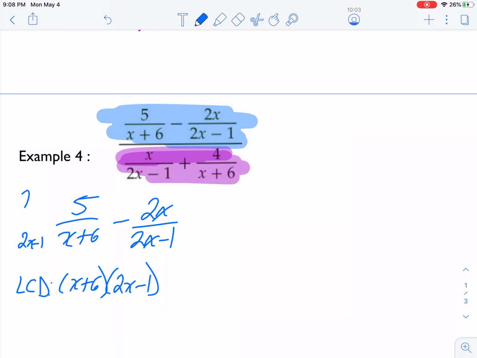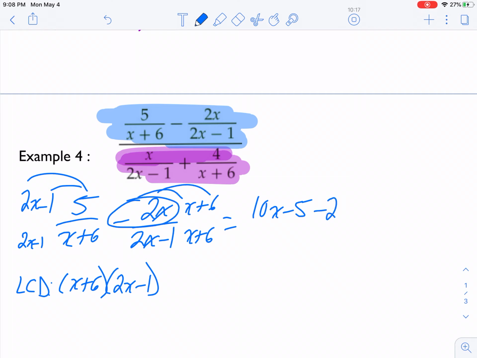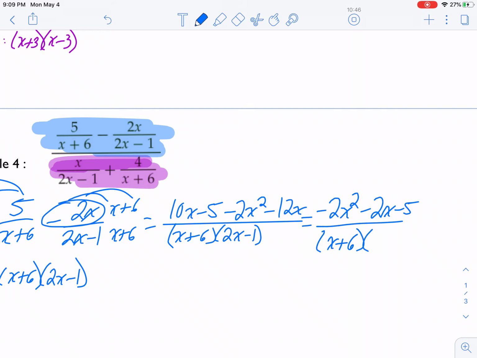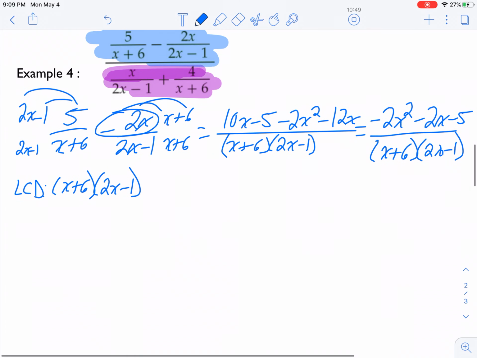Well, I'm missing a 2x minus 1 over here, and an x plus 6 over here. Alright, on to my denominator.